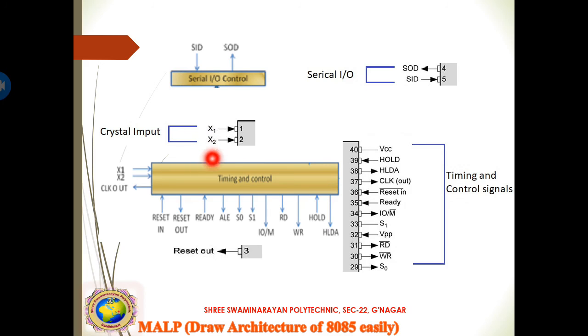And x1, x2 are connected to pins 1 and 2 in the pin diagram, and reset out is connected to pin number 3. So 1, 2 and 3 connect with x1, x2 and reset out, and 29 to 40 are connected as the timing and control signals.